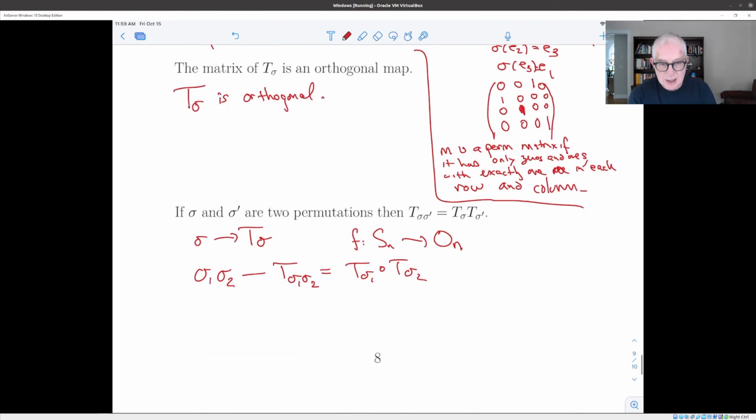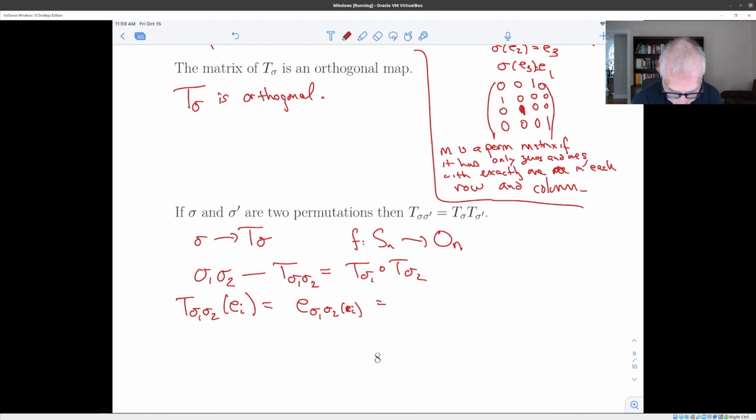Maybe if we wanted to be a little bit more careful, we would show that T of sigma 1 sigma 2 applied to E_i is E of sigma 1 sigma 2 of i.